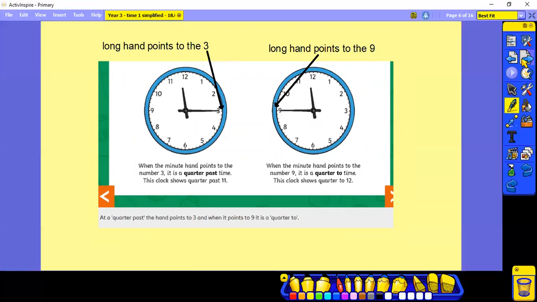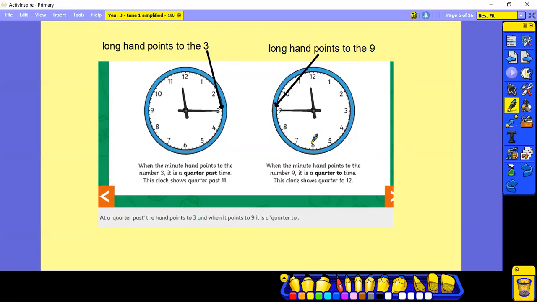So, when we're thinking about quarter past and quarter to, when it's quarter past, the long hand points to the 3, and that tells us it is quarter past. So this clock says 11:15. When the long hand points to the 9, it is quarter to, 2:45.